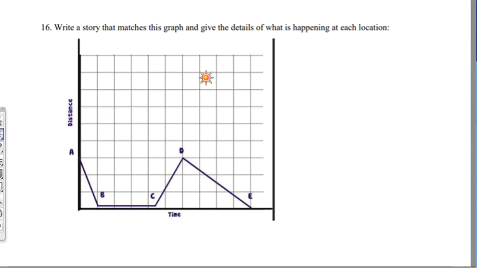Okay, 16, write a story that matches this graph and give the details of what is happening at each location. As you look at this graph, this is time and this is distance.